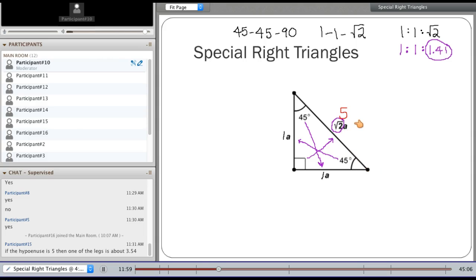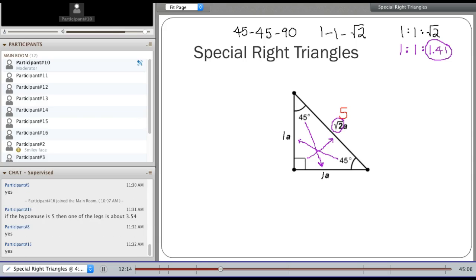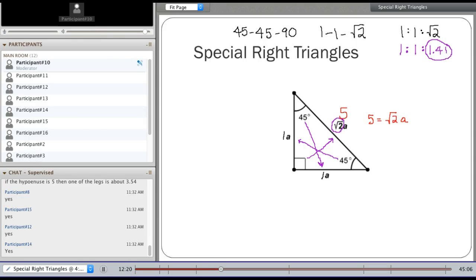If this side is labeled in 2 different ways, those 2 things have to be equal. There's no way that this side can be 2 different amounts, right? Does that make sense to you guys? So in other words, what I'm saying is 5 and the square root of 2a have to be equal to each other.